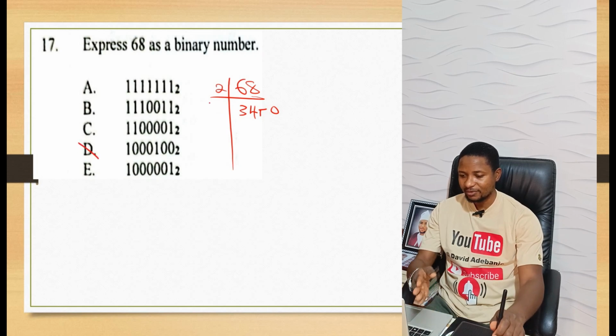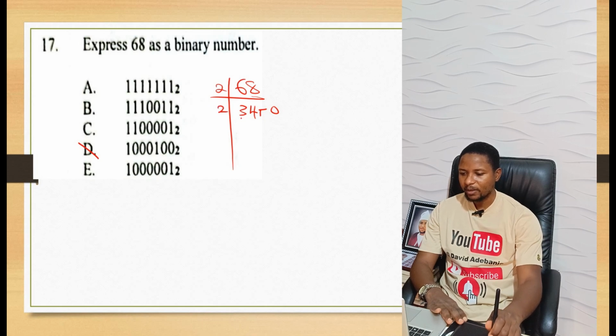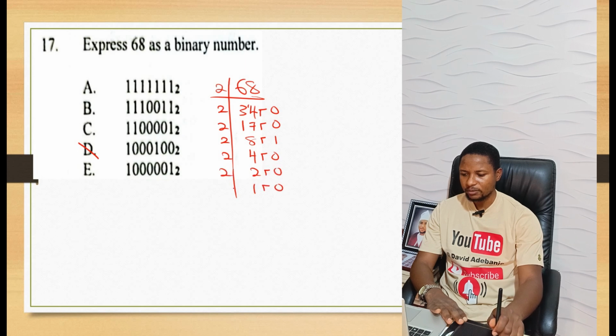But just for us to double check our work, let's keep going. 2 in 3, you have 1, remainder 1. 2 in 14, you have 7, remainder 0. 2 again in 17, you have 8, because 2 times 8 is 16, so there's a remainder of 1. 2 in 8, you have 4, remainder 0. 2 in 4, you have 2, remainder 0. 2 in 2, you have 1, remainder 0. 2 in 1, you have 0, remainder 1.